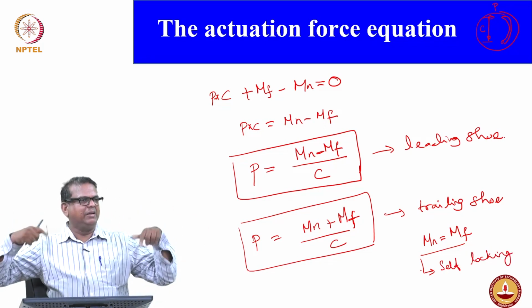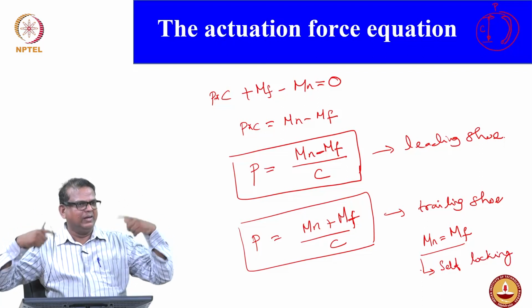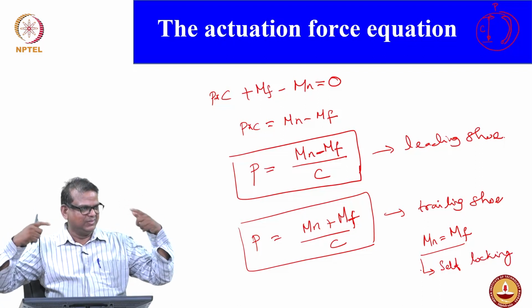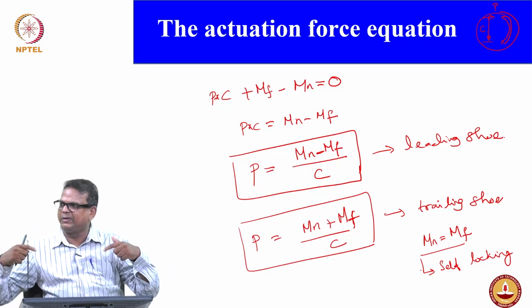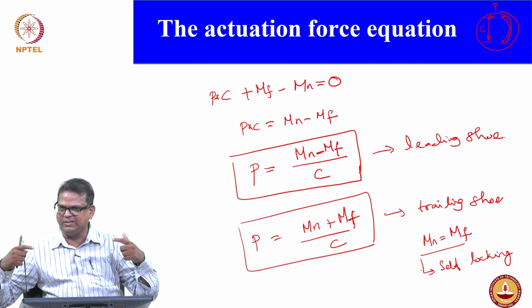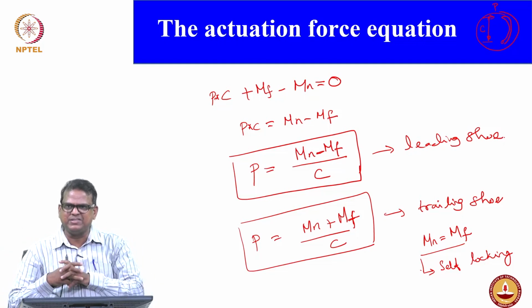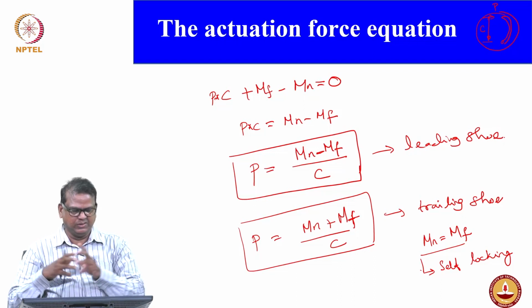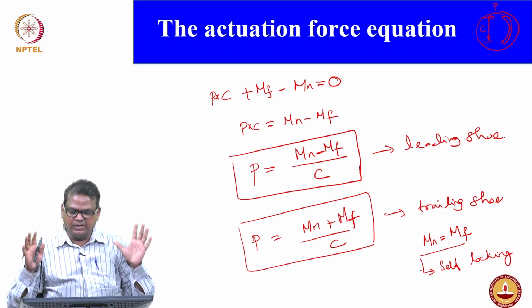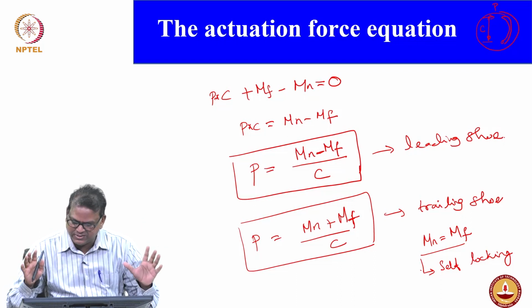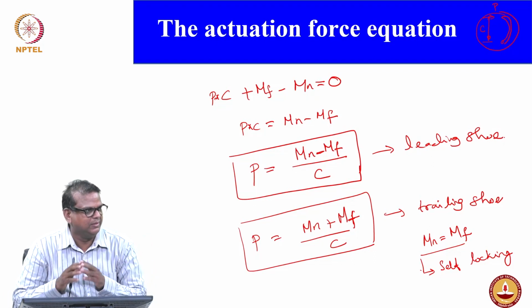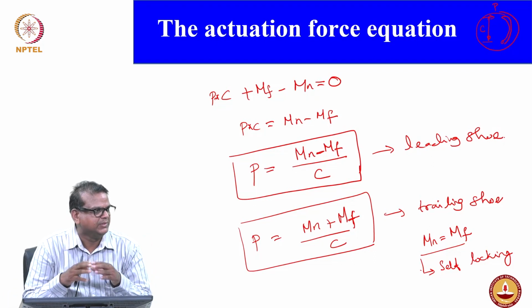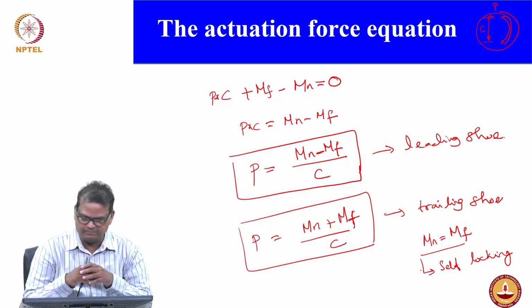The brake won't be effective. The wheels will rotate freely and the vehicle cannot be stopped. It's an instability, so self-locking is nothing but instability, and that is not advisable. We always try to have a magnitude difference between Mn and Mf. Never design the brake such that both are equal. That has to be taken into consideration.